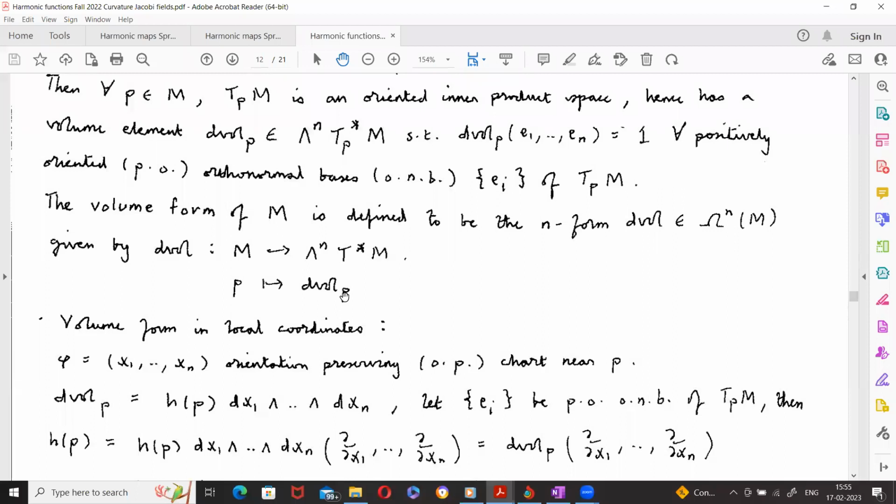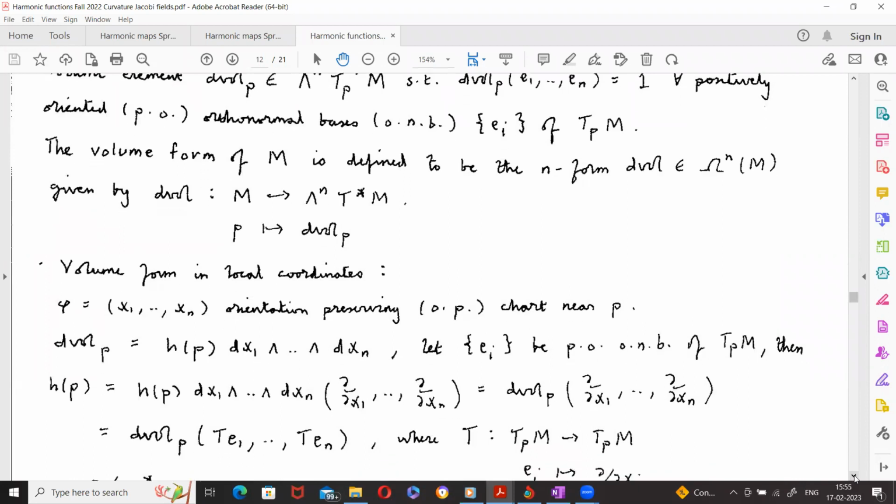Yeah. So now we need to see that this volume form is smooth. It's a smooth form. So we need an expression for it in local coordinates. Okay, so let's work out what it looks like in local coordinates. Suppose I take coordinates x1 to xn, which is an orientation preserving chart near p.